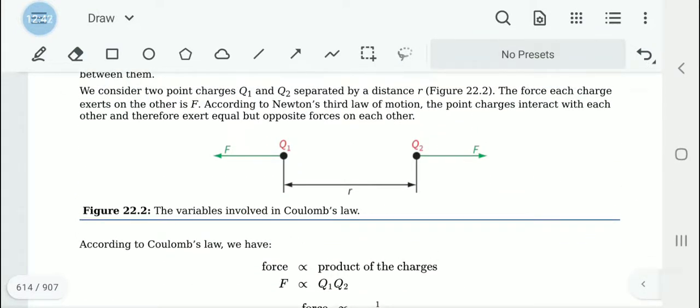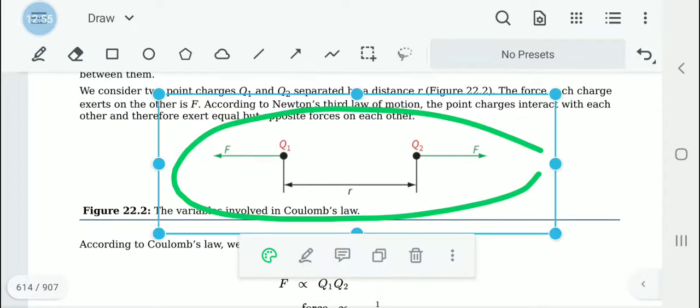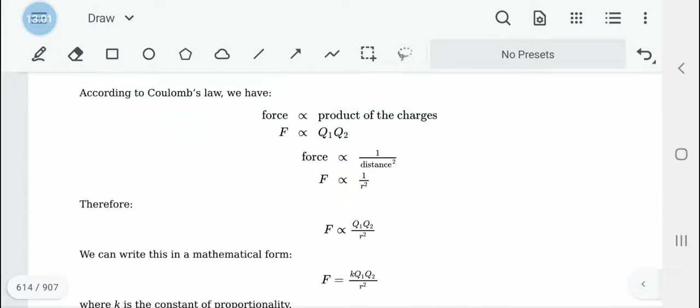Please draw this. This one. And after that you have to write down that relationship using the equations and the proportionality sign. So force is proportional to product of charges.